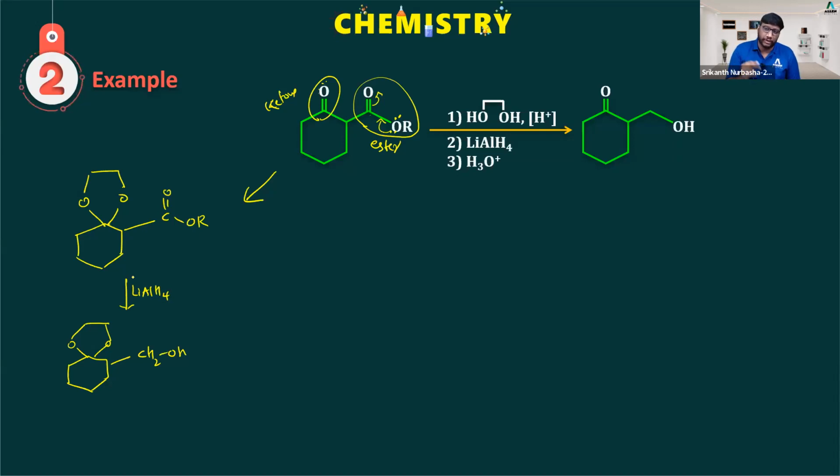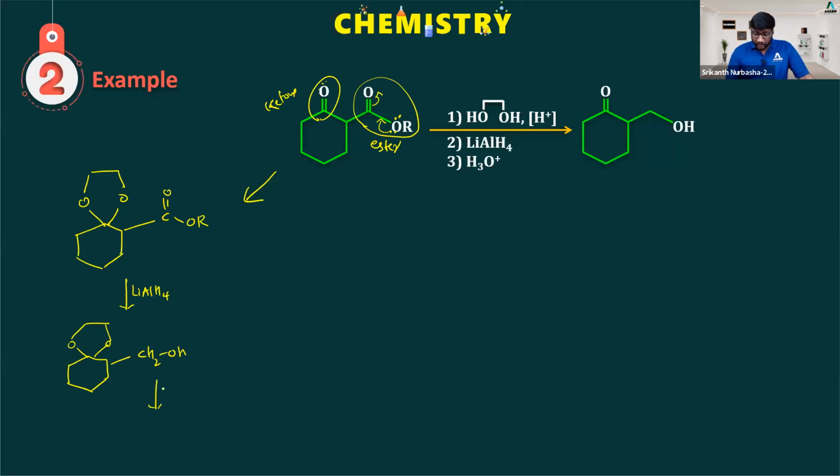NaBH4 reduces only a few functional groups like aldehydes, ketones, acid halides, and imines. H2 in the presence of a metal catalyst will reduce all polar and non-polar functional groups containing pi bonds except carboxylic acid. So you got the ester converting with LiAlH4 to form the respective CH2OH.